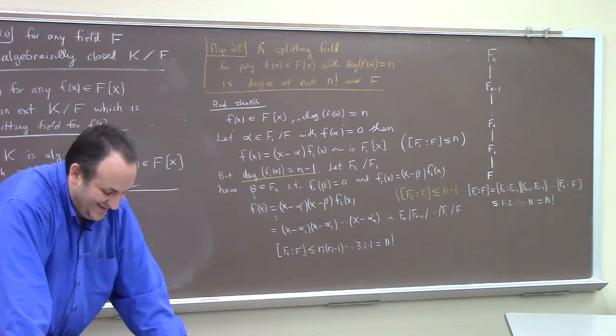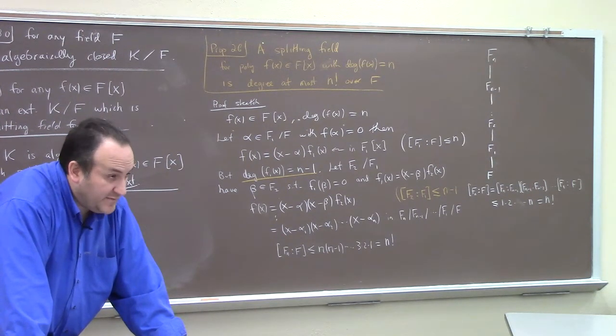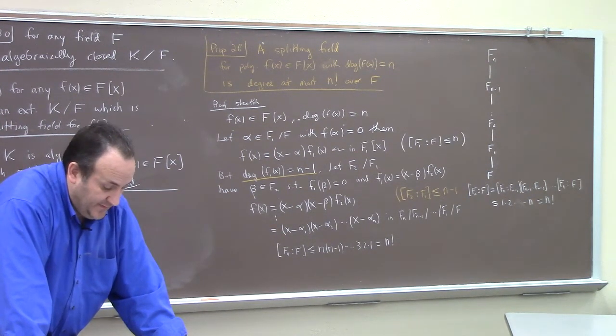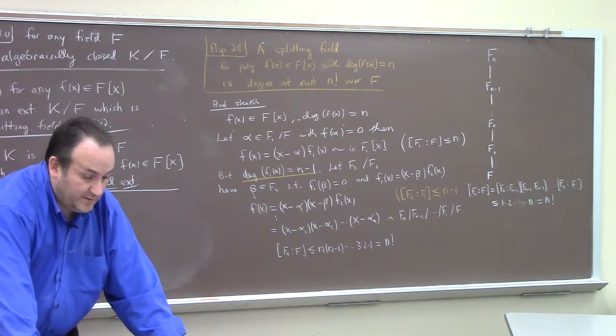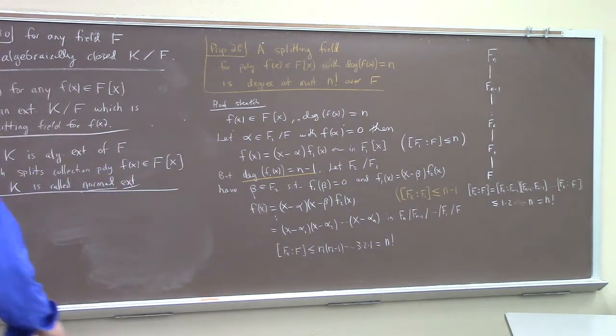The definition is that an element alpha is said to be algebraic over F if alpha is the root of some non-zero polynomial in F. And then the extension K over F is said to be algebraic if every element of K is algebraic over F. So it was what I was about to write down: if alpha is an element of F bar, then there exists f of x in F[x] such that f of alpha equals 0.